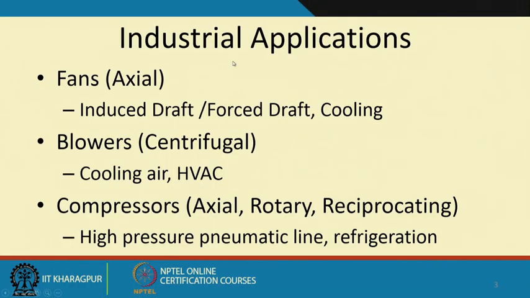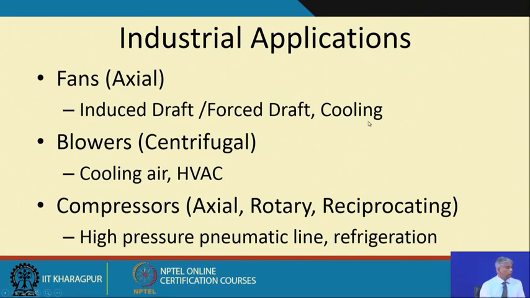So, if you look at some of the industrial applications of these fans, the axial fans, we have the induced draft fan, FD fan, and of course, certain cooling fans.